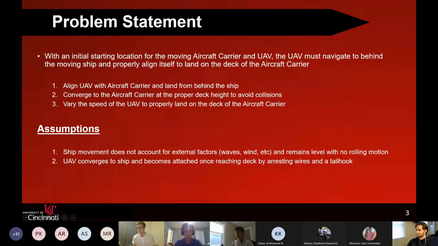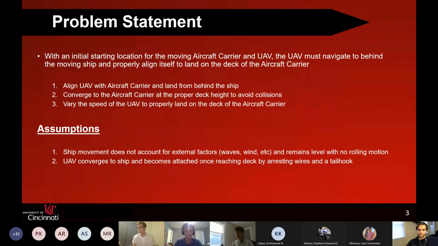We will do this by having the UAV and the aircraft carrier start at two different defined locations, and then the UAV is going to have to navigate to a waypoint behind the aircraft carrier and properly align itself so that it can land from behind. It will have to reach the proper deck height so that it can land without any collisions on the aircraft carrier, and it will have to accurately adjust its speed so that it can land and come to a stop on the aircraft carrier.